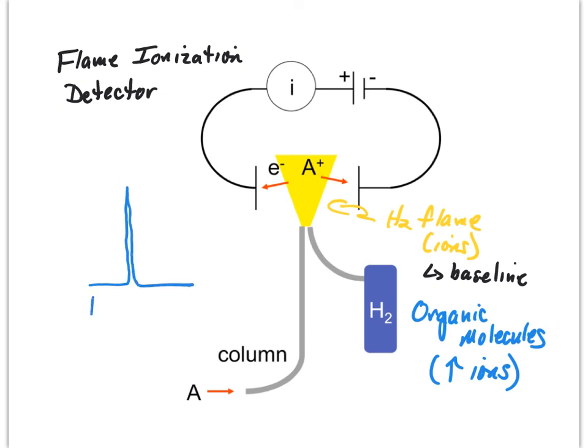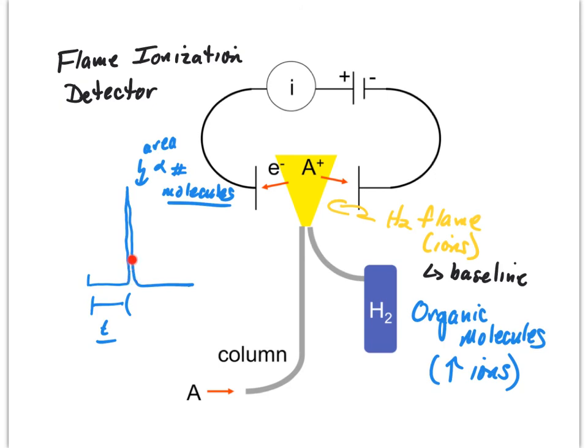And so we register the time since injection, and we can also measure the area of that peak, because the area is roughly proportional to the number of molecules that created that peak.